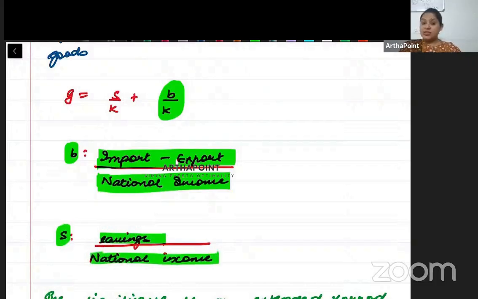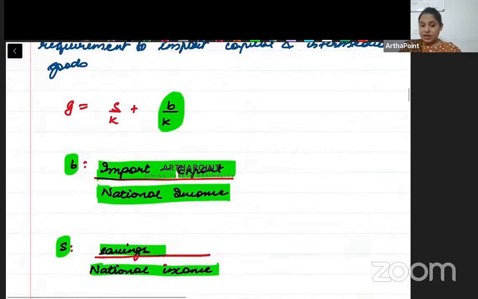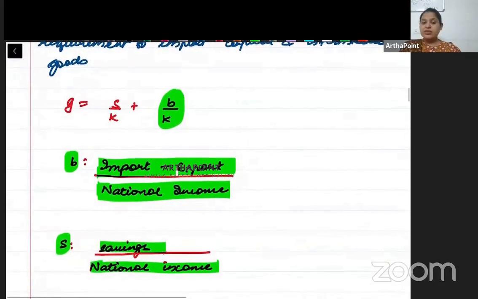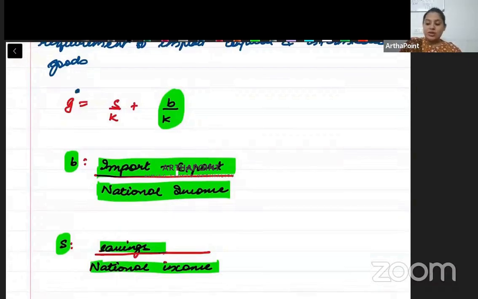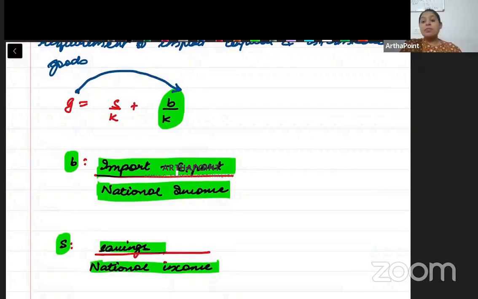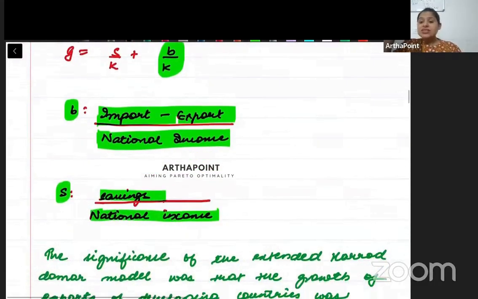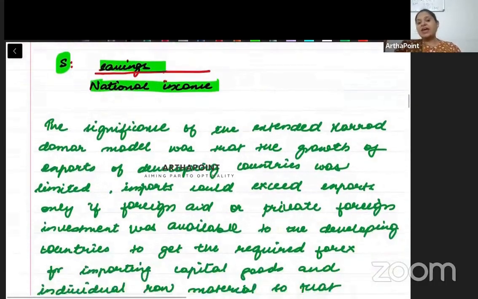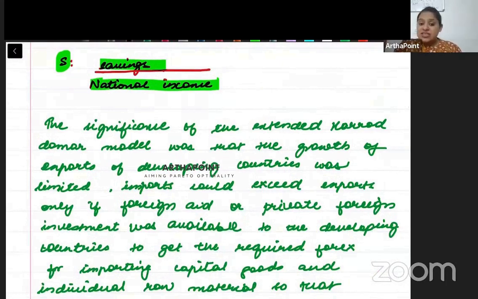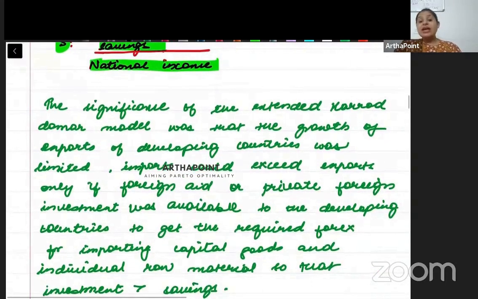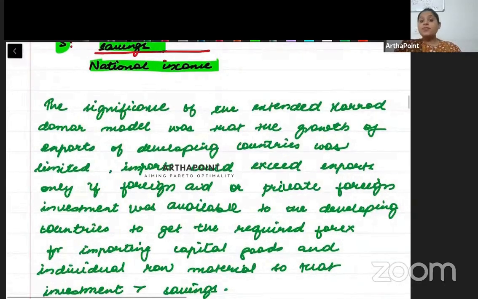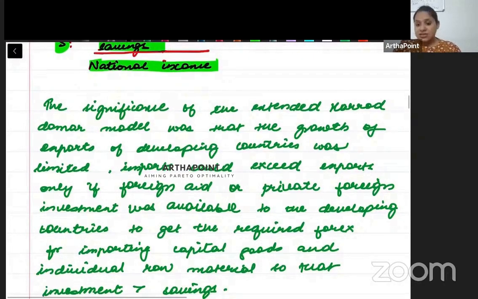ठीक है, तो अब ध्यान से समझो. We are going ahead and we are saying that growth rate is affected by this gap. It is affected by B, where B is import minus export. This is my extended Harrod-Doman model. And this extended Harrod-Doman model takes into account import and export balance.